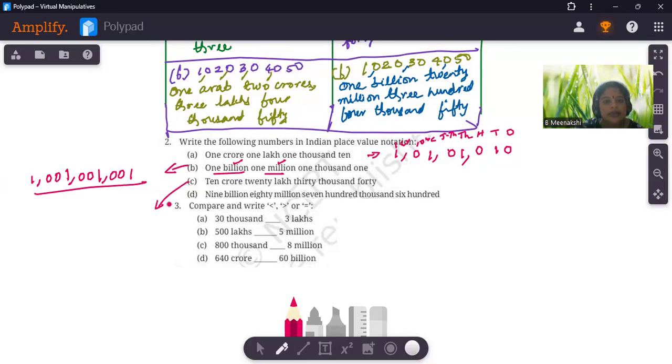Next is 10 crore, 20 lakh, 30,040. 10 crore is 10 followed by 7 zeros. So 20 lakh. So how will you do 20 lakh? Yes, you will replace it over here. 20 lakh, 30,040.